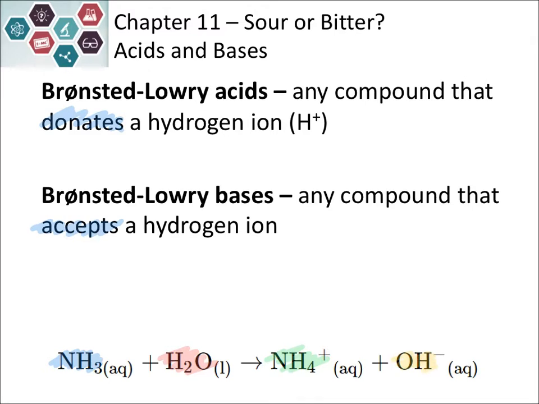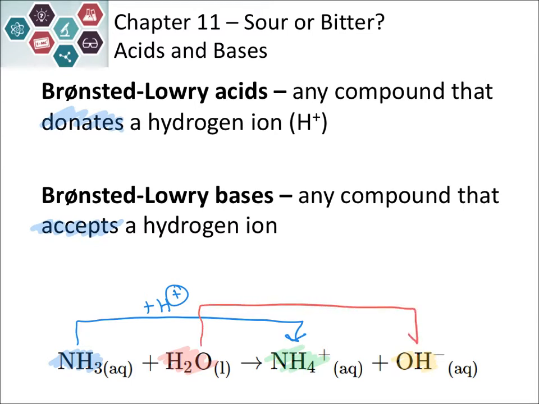To decide what's the acid and what's the base, we need to see how things are changing. If we look at the NH3, it is turning into NH4+. To go from NH3 to NH4+, it has to add a hydrogen ion. If we look at the water, it's turning into hydroxide, or OH-, and to go from H2O to OH-, you are losing the hydrogen ion.